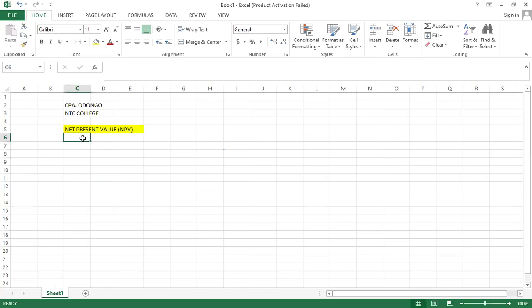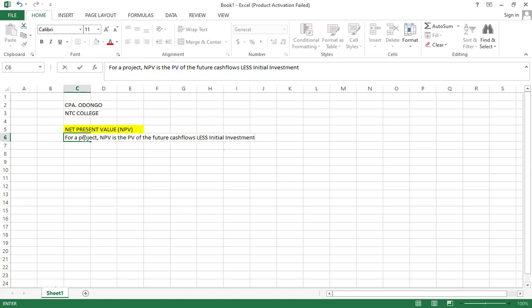So let me just comment here, and you'll be taking down a note: for a project, NPV is of course the PV of the future cash flows, less normally the initial investment. So that's how we go about determining an NPV.